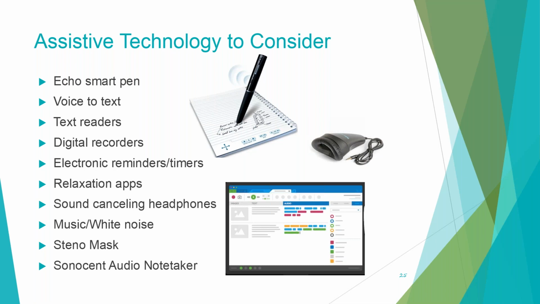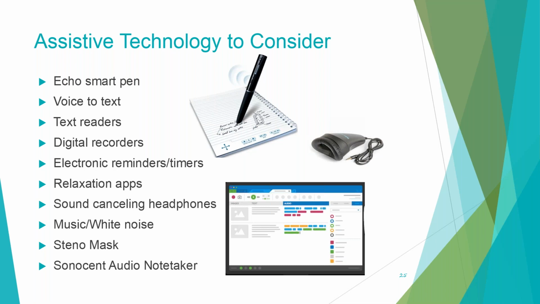So when you go back, regardless of what you've written on the paper, it will play what was being said. So for students with dysgraphia, dyslexia, anxiety, OCD, attention deficit, they can use this device and get all of the information to listen to later.